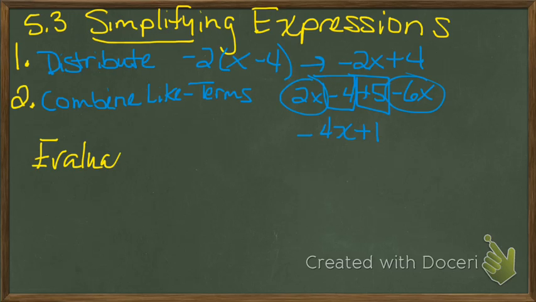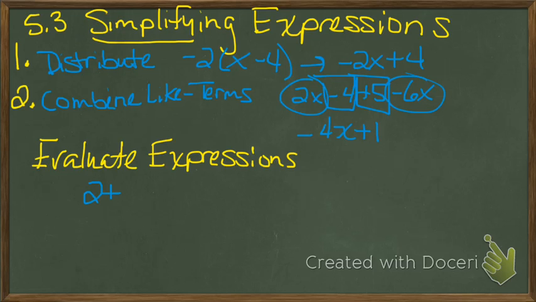The difference between simplifying expressions and evaluating expressions is that when you evaluate expressions, you will always get one numeric answer. For example, when you had a numeric expression, an expression that contained nothing but numbers, you had to use the order of operations, and then you got a single number as your answer.